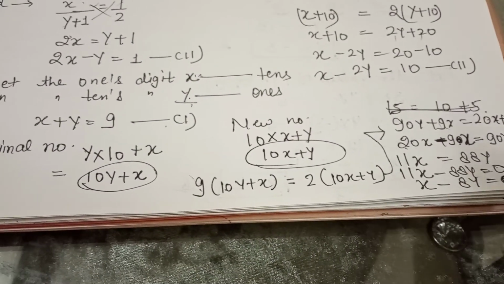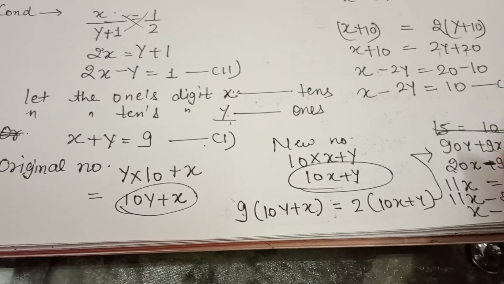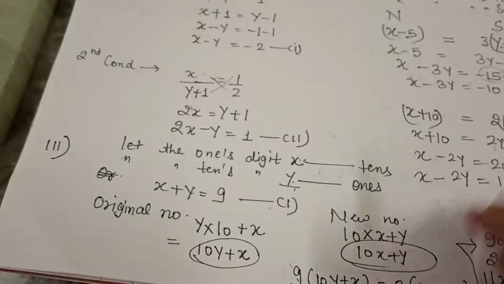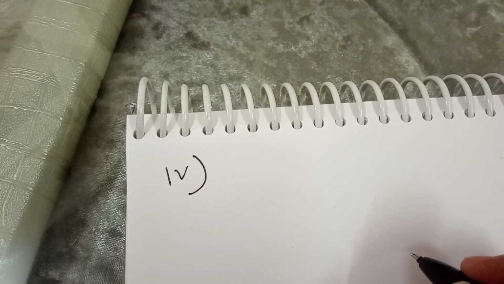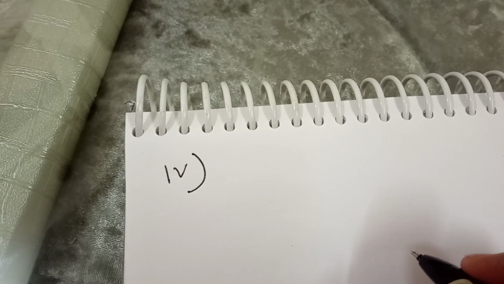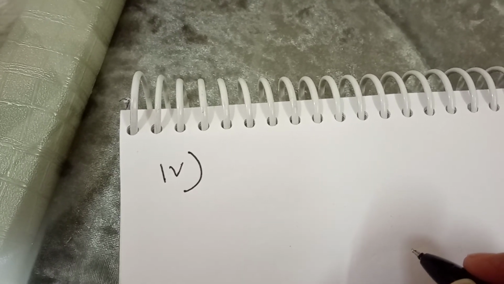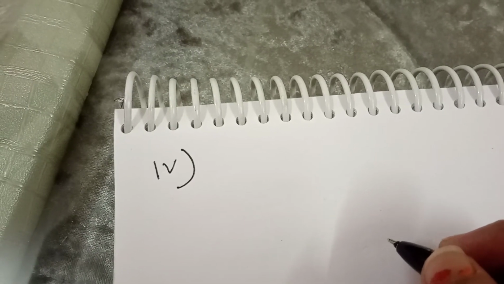Okay, fine. Now two more parts are left, fourth and fifth. Fourth: Meena went to a bank, withdrew rupees 2000. She asked the cashier to give her rupees 50 and rupees 100 notes only. So Meena got 25 notes in all. Find how many notes of rupees 50 and rupees 100 she received.